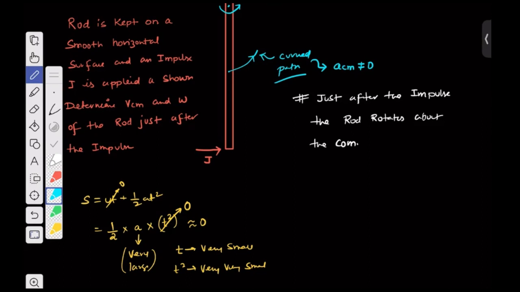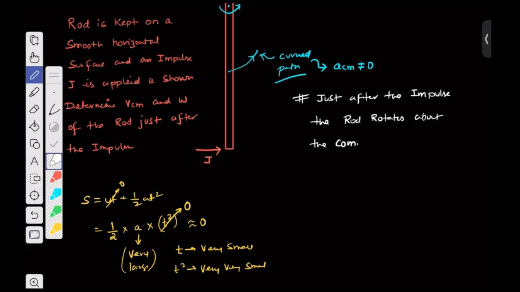First we will write the impulse and linear momentum equation, like the way we wrote in the earlier chapter for the center of the mass's translational motion. Then we will write the torque and angular momentum equation for the rotation about the center of the mass.